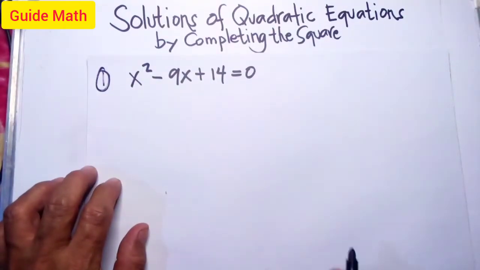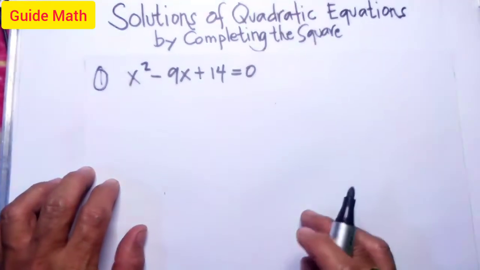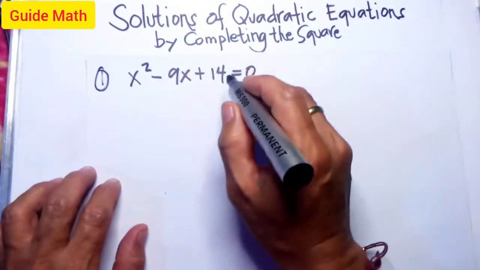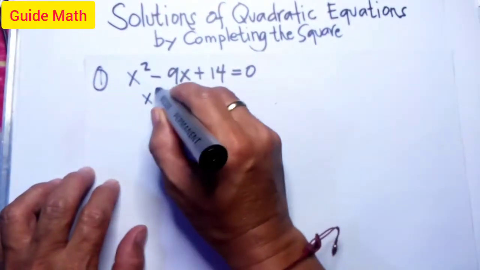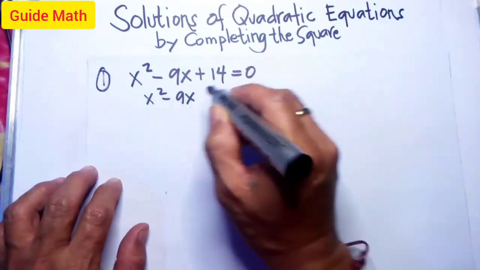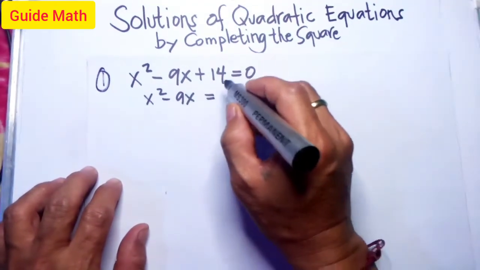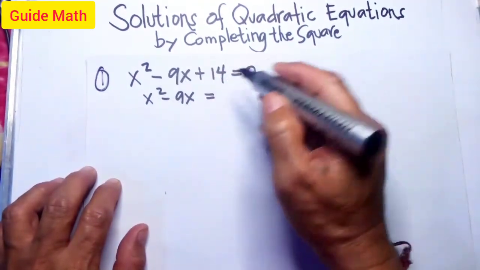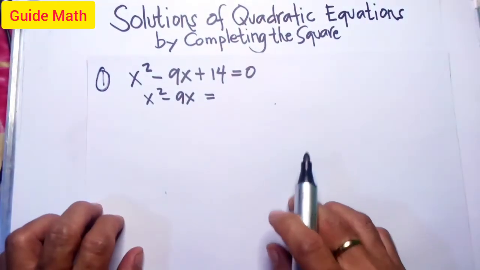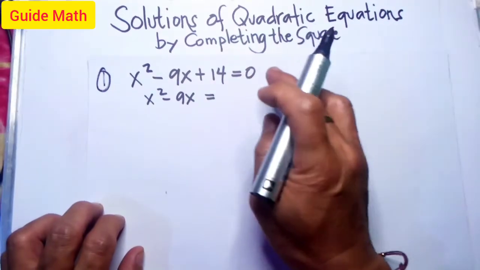So what we're going to do is isolate the constant, which is 14. This will become x squared minus 9x is equal to, applying the subtraction property of equality, we subtract 14 on the left hand side of our equation, and we also subtract 14 on the right hand side.